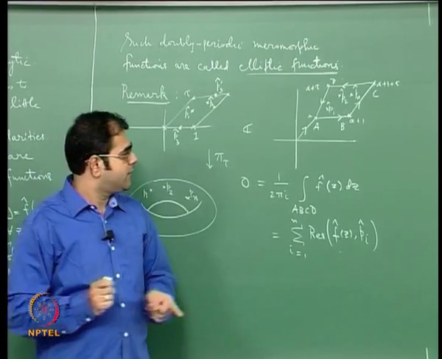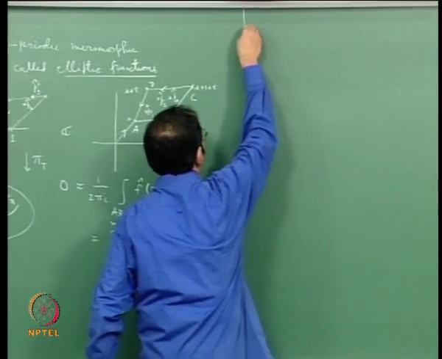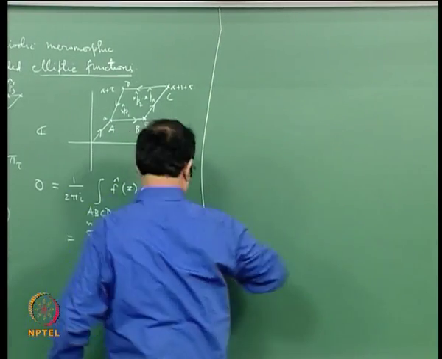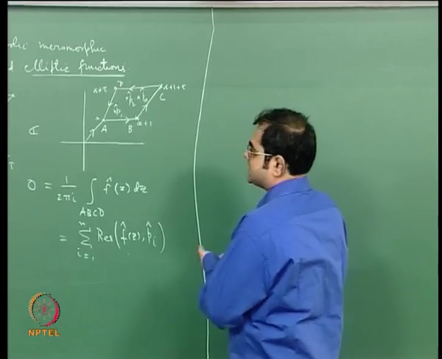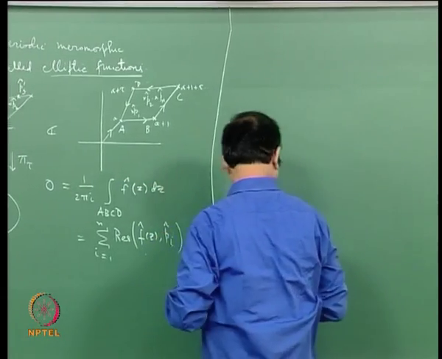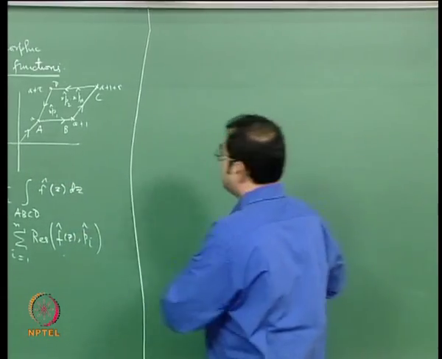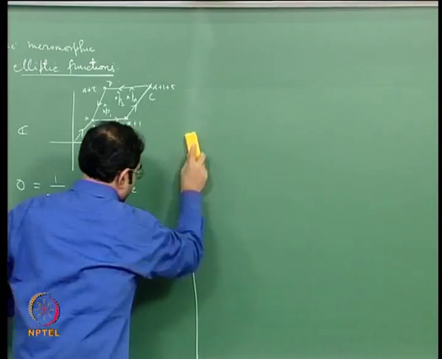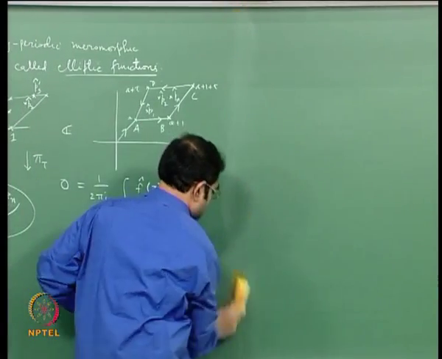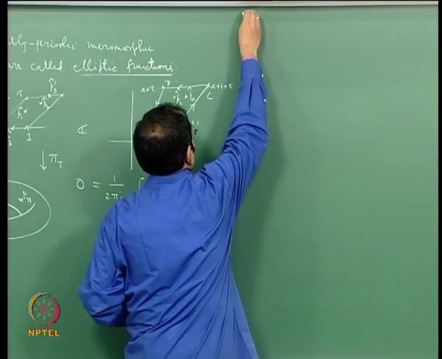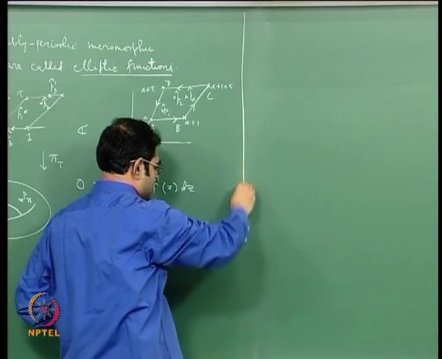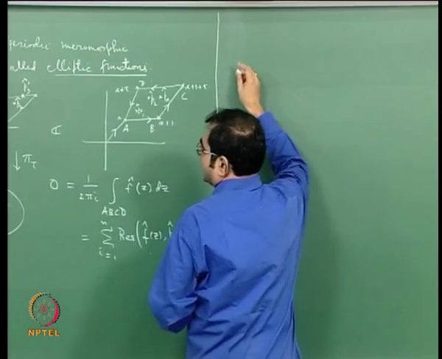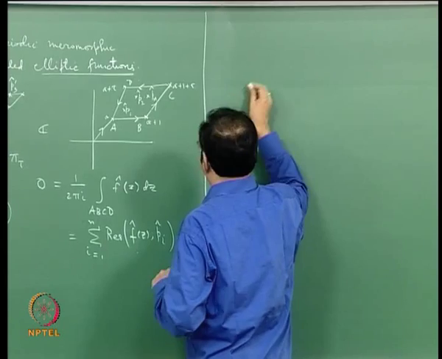And so what we do is, well, this line does not look very straight. Let me draw another so that it looks a little decent. So what we will do is the following thing.